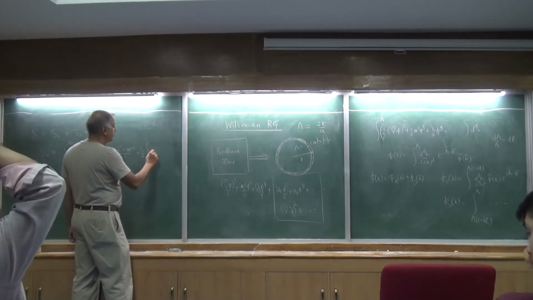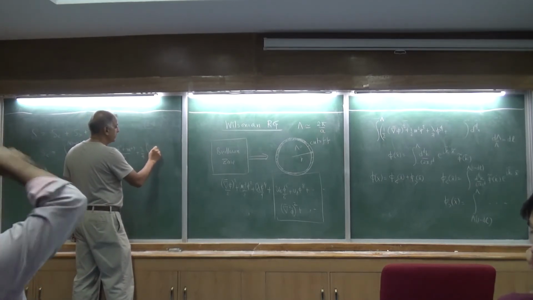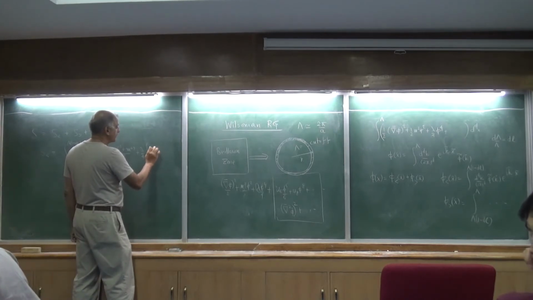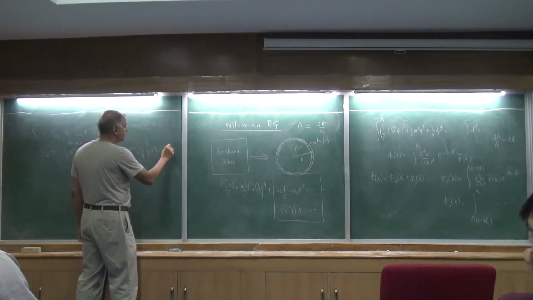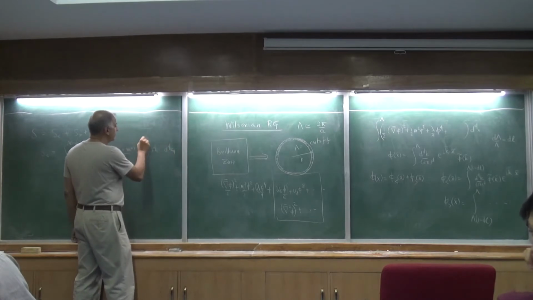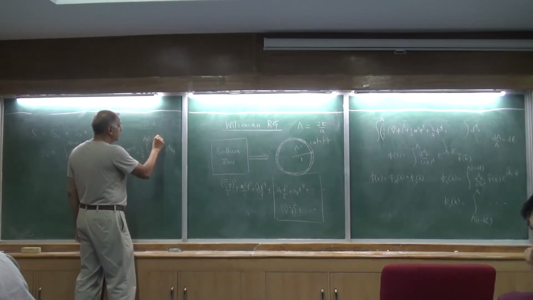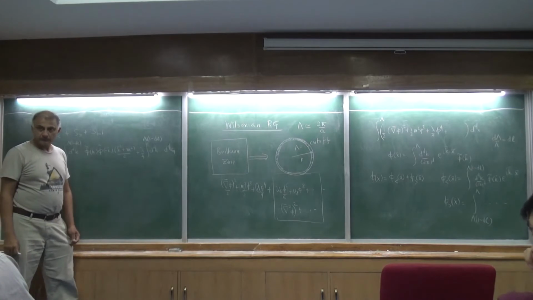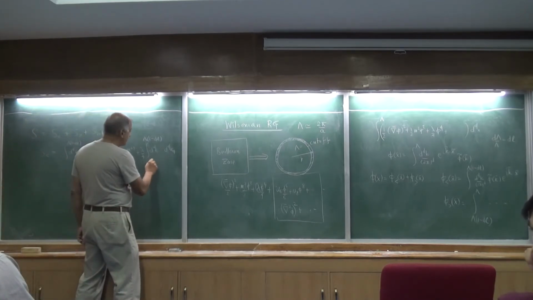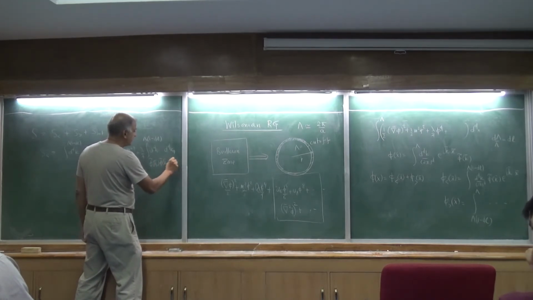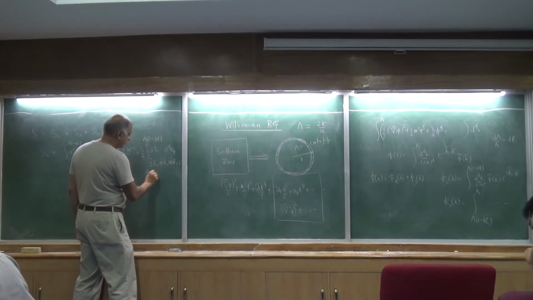So basically there will be 4 k integrals. So d to the dk1 up to d to the dk4, but each of them will go only up to lambda. Right? And then there will be a phi tilde of k1, phi tilde of k2, phi tilde of k3, phi tilde of k4.